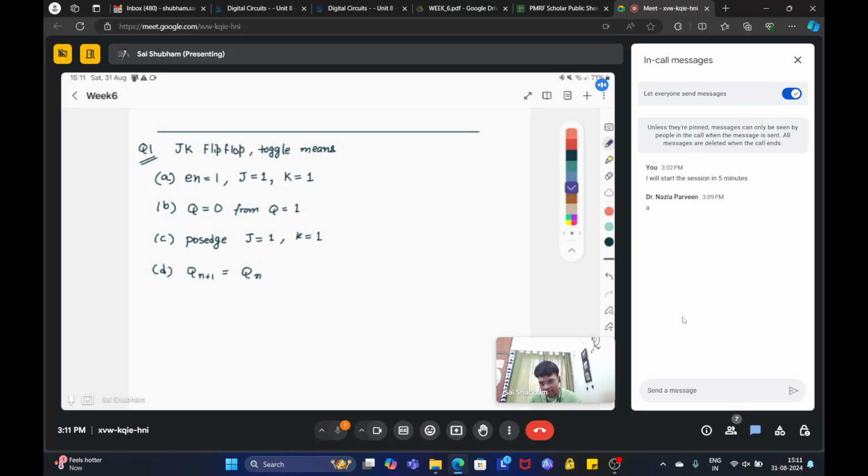This is actually a JK flip-flop, not a JK latch. So I will discuss the solution now.